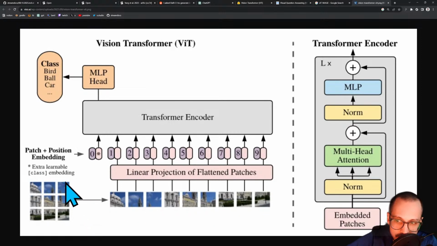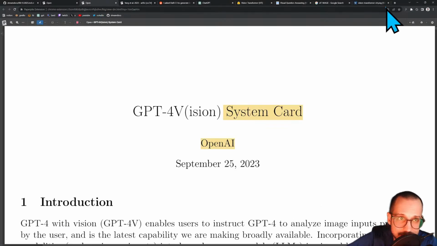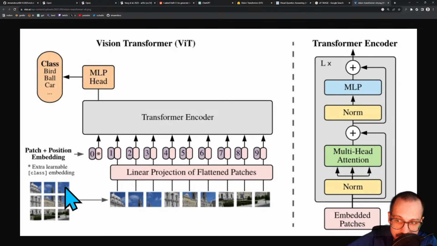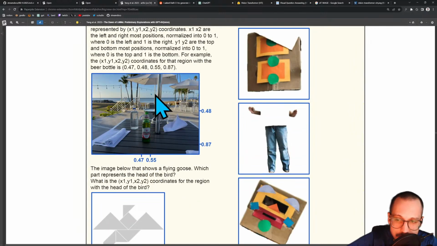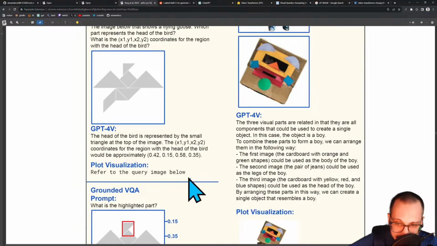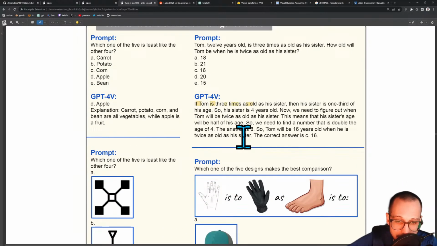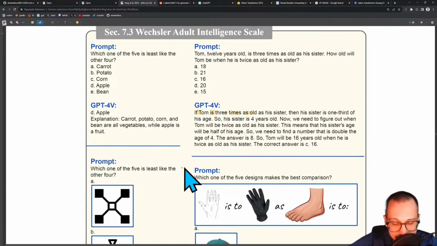But we don't know what the resolution of the patches is, right? I don't think it's something like this. This makes it seem like you just cut it up into a 3x3 grid, but it feels like it's much more than 3x3. It's probably cutting this up into 16x16, something like that. Maybe the number of patches is dependent on the resolution of the image.